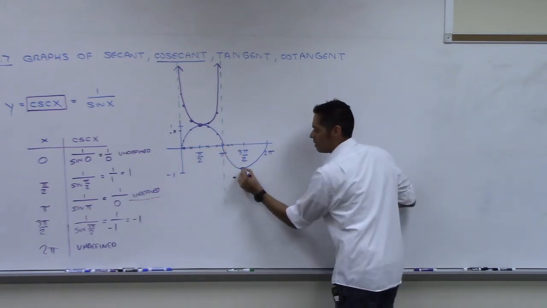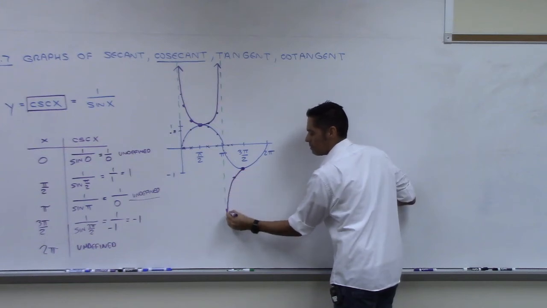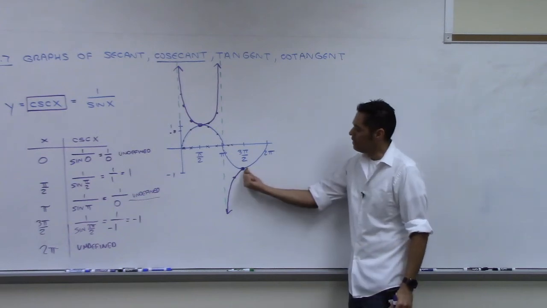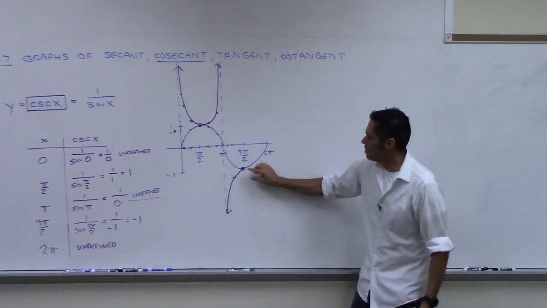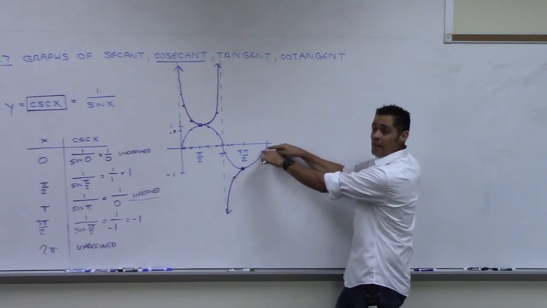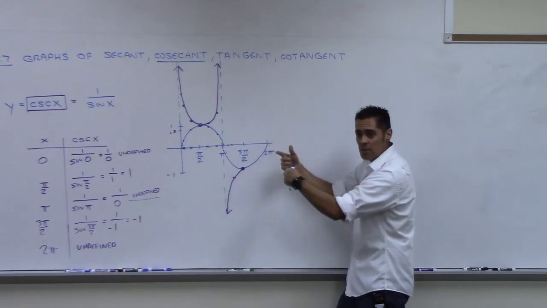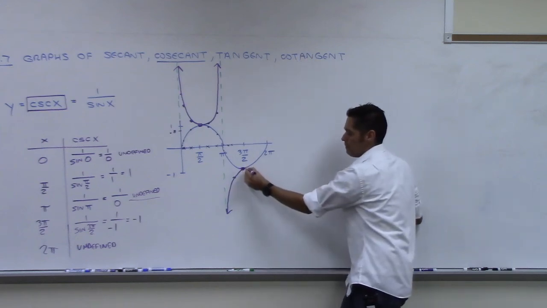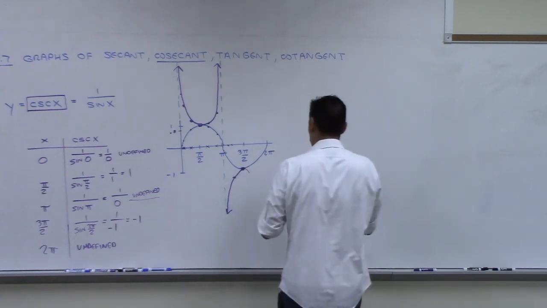So it's going to start looking like this. And then if I start moving this way, look at my sine values. My sine values are getting smaller in negative, which means cosecant, the reciprocal, should get big in negative. So it should do this. And I'm going to have another vertical asymptote right here.